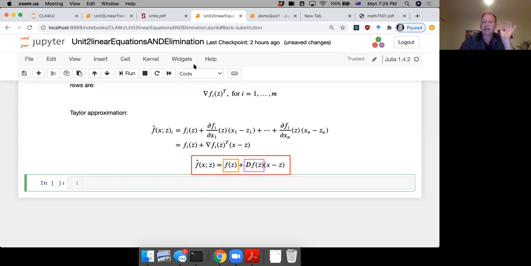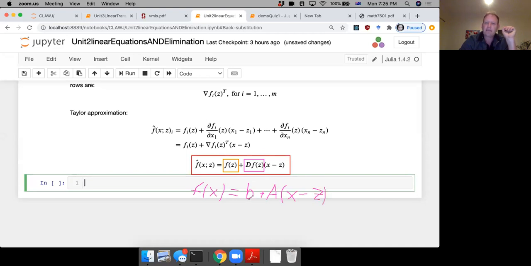When you fix z, this formula is of the form f of x equals some constant, let me call this b, plus some matrix A, which doesn't have to do with the A and B system of equations that we had, although it can be related to that, times the vector x minus the vector z.